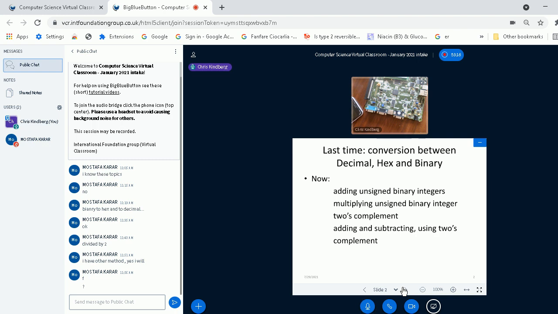Then I'm going to explain 2's complement numbers and show you how to add and subtract using 2's complement. And remember, one good reason for understanding 2's complement numbers is that it enables us to perform subtraction in a computer system that doesn't give you subtraction hardware.